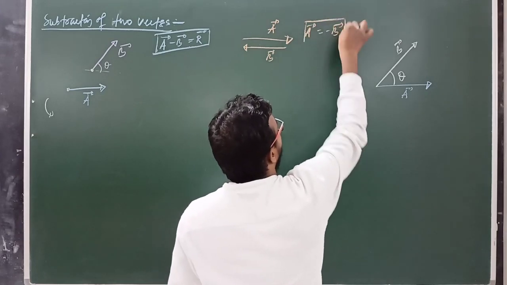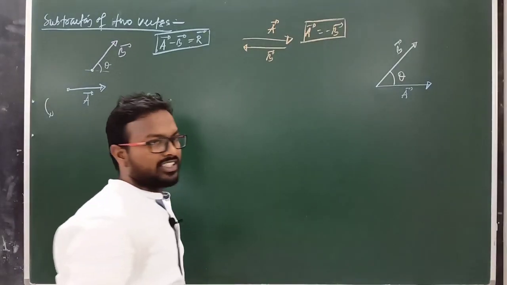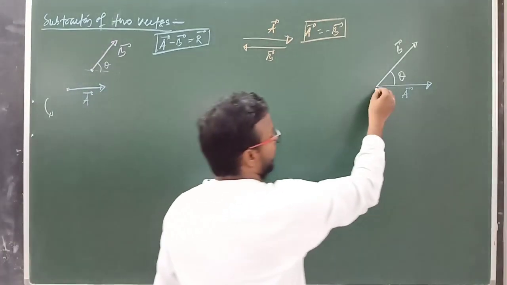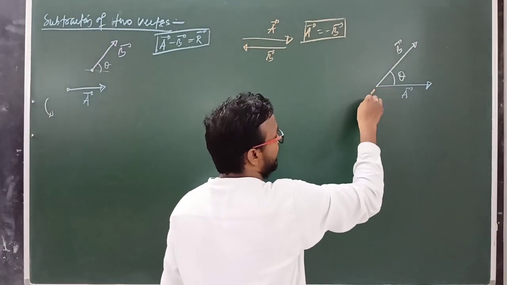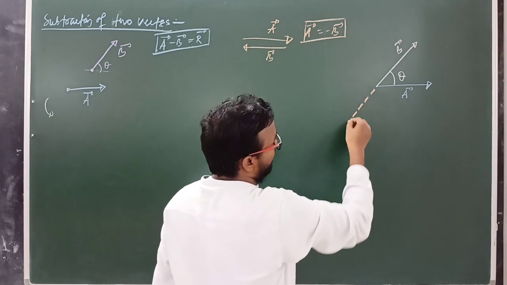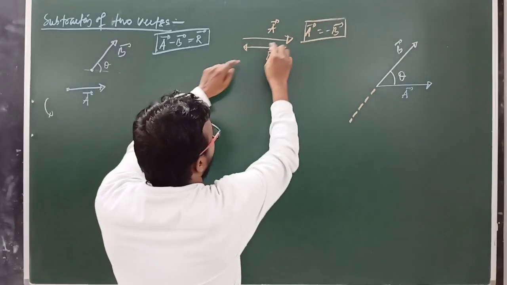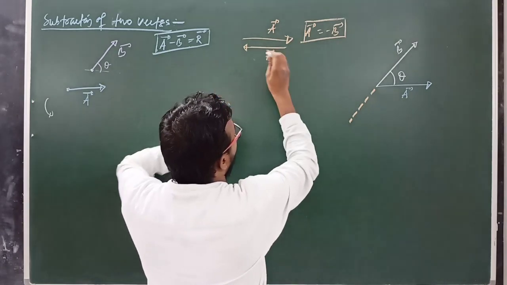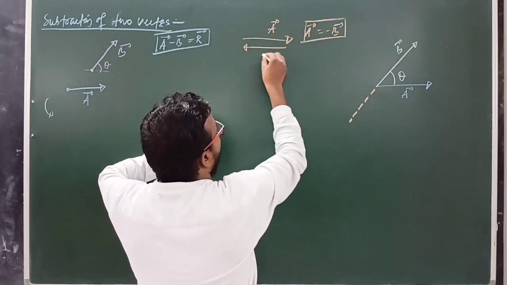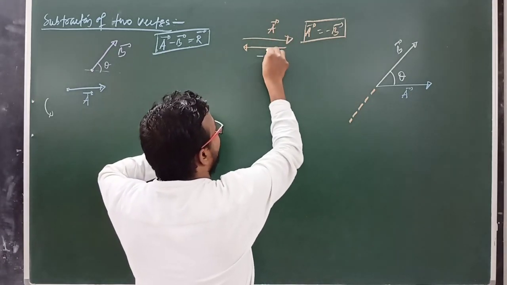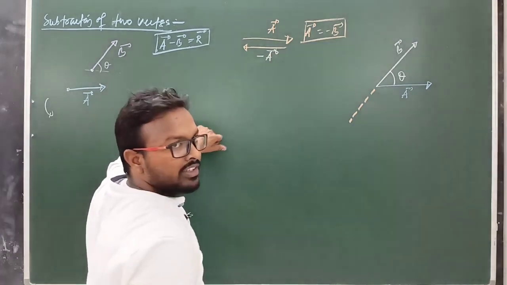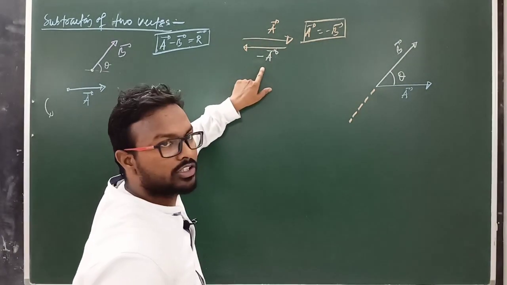Their magnitudes are equal but the direction is opposite. So in this case, negative vector means there is another vector we can draw here. If this vector is A and another vector is minus A vector, these are negative vectors.